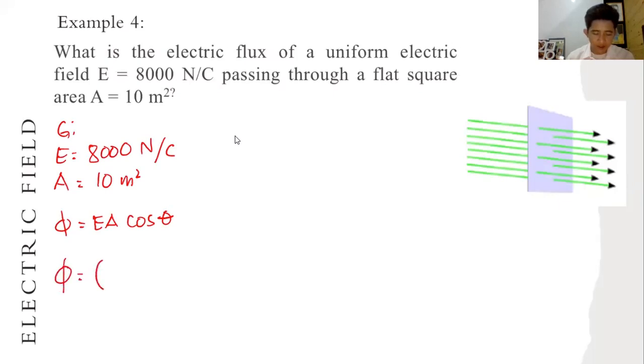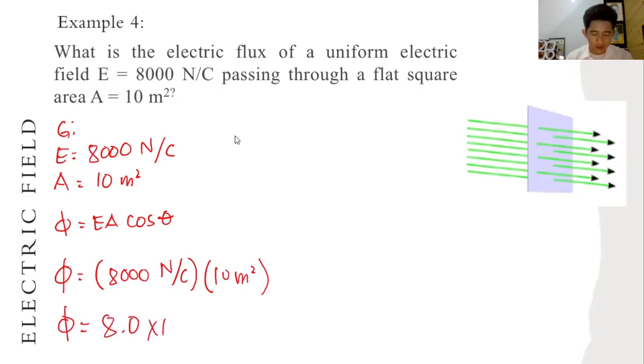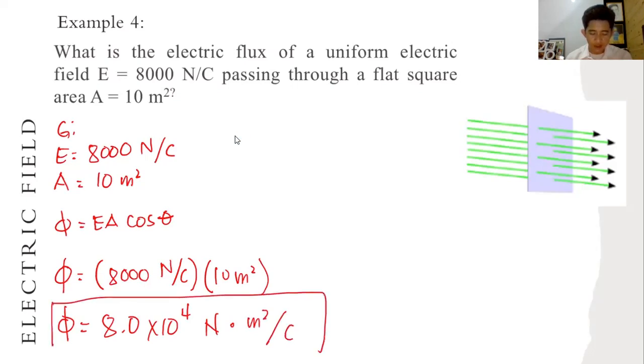E is 8,000 newtons per coulomb, and the area is 10. You will notice that the angle here is 0 degrees, so cosine 0 is 1. So the electric flux is equal to 8.0 times 10 raised to 4 newton square meter per coulomb. So this is the answer.